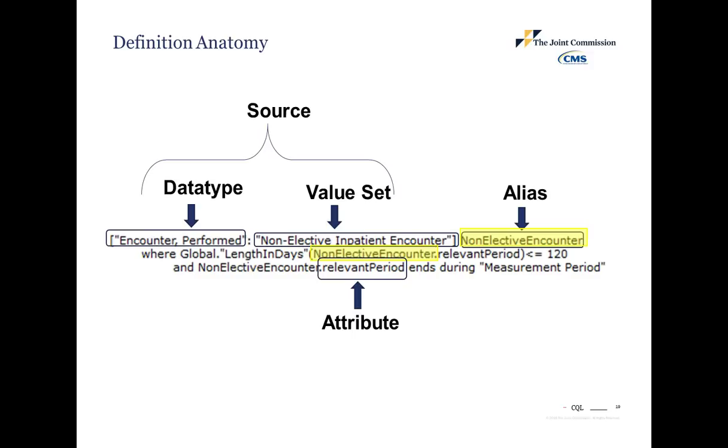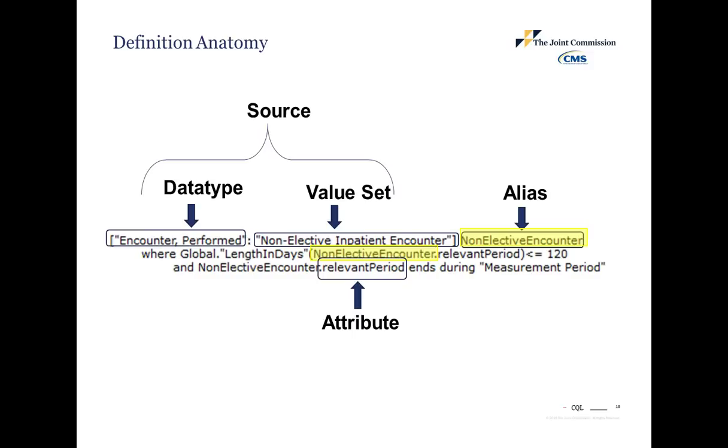Each data type has their own set of attributes, and attributes provide specific details about their data type. So in the example, dot relevant period is an attribute of the encounter performed data type, meaning the relevant period is used to define a start and end time for the encounter.